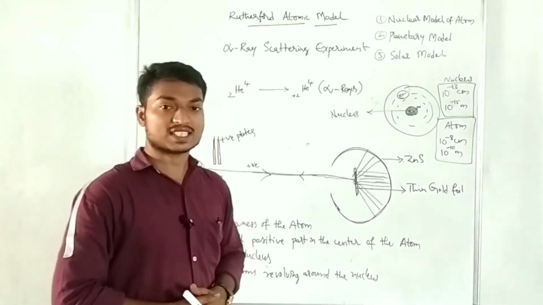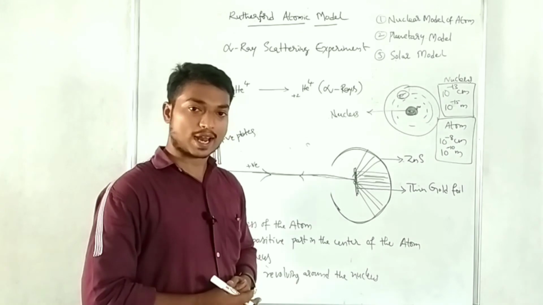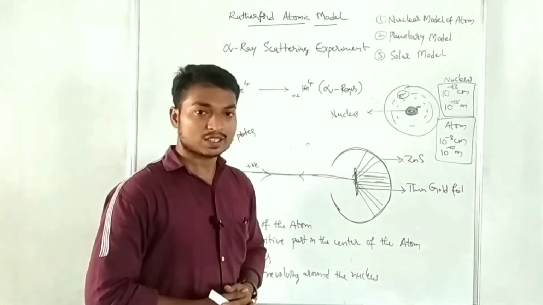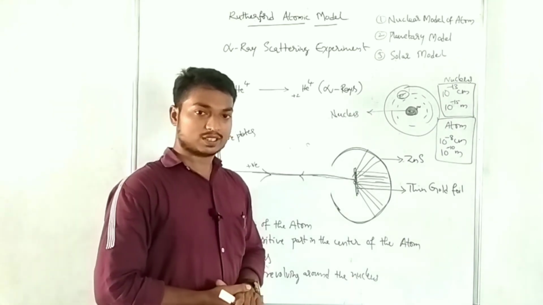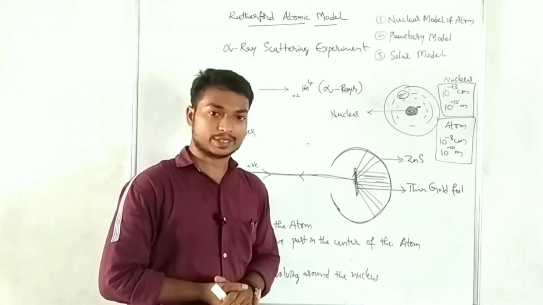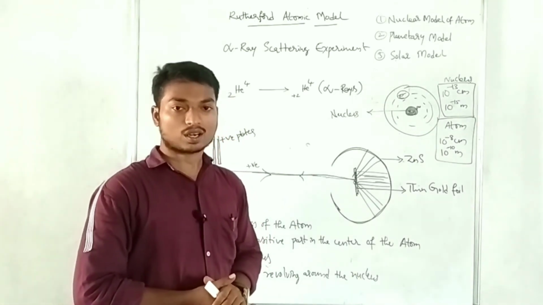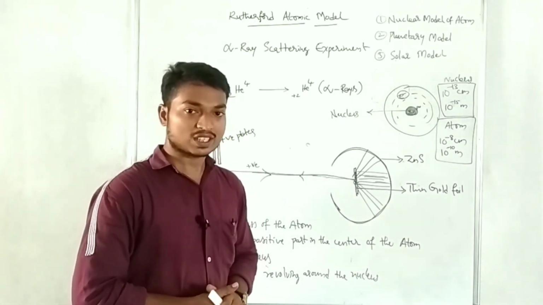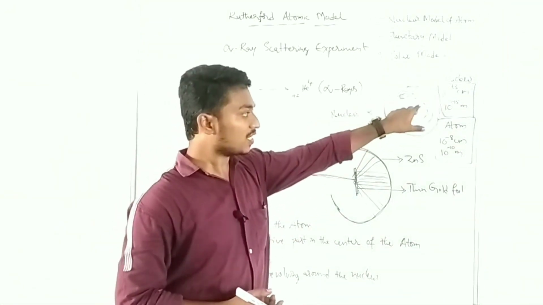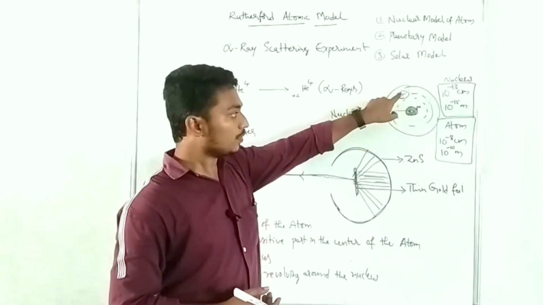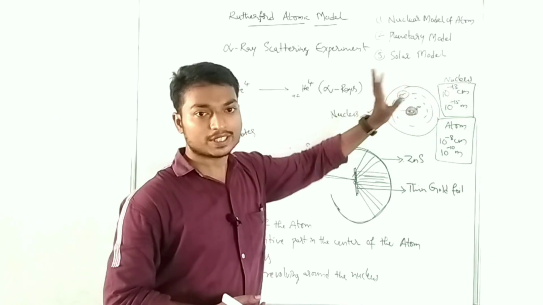Though Rutherford has given new and very useful information about the atomic model, in this model also there are many drawbacks. According to classical laws of electrodynamics and dynamics of physics, if any charged particle revolves around another charged particle, it continuously loses its energy and finally the system will be destroyed.